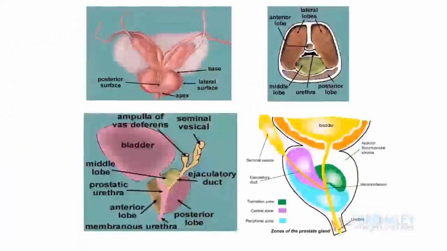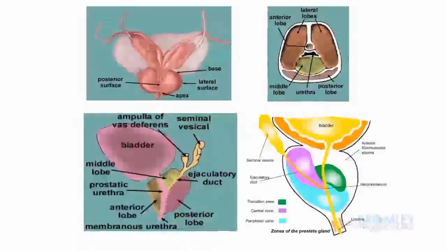It's also got lateral lobes. On this one you can't see them, but you can see them here. Two lateral lobes, called the right and the left lobes, form the major part of the prostate. And then you've also got a middle lobe, also called the median lobe, and that lies between the urethra and the ejaculatory ducts.